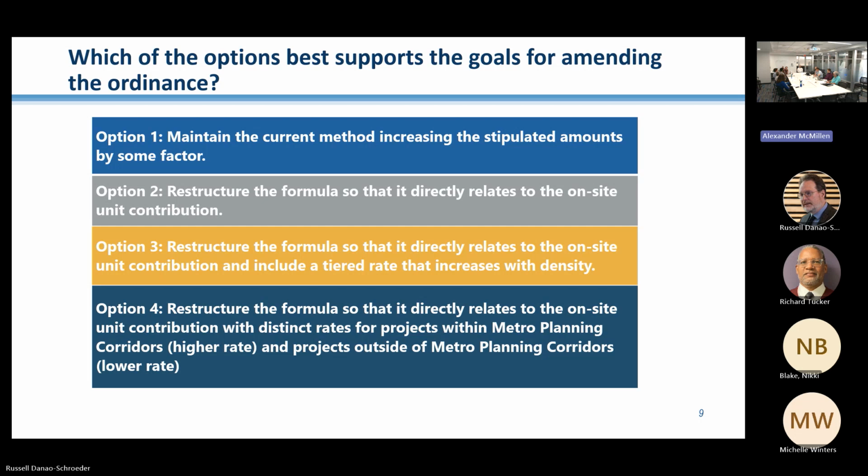Could I ask on option 3? Because option 3 puts greater expectations on higher density projects, which, if we're trying to make it more in relation to that 5%, larger projects right now are still contributing 5% of whatever that GFA is, but it doesn't go up when you hit 6.0 FAR.